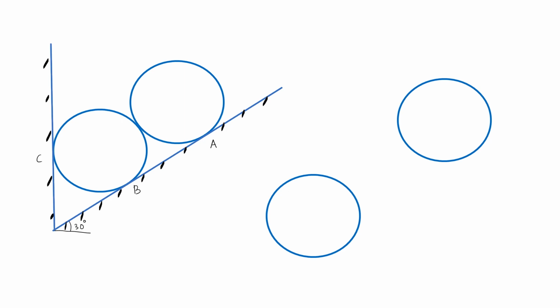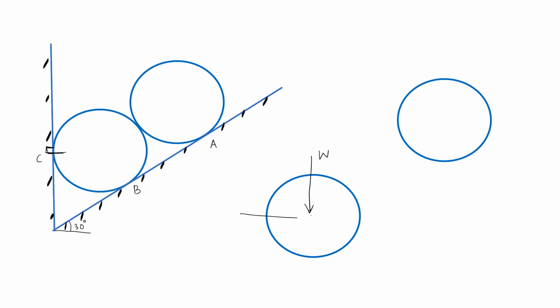Consider this as our first body. While drawing the free body diagram, first of all, as usual, we draw the weight of the object W, and then we need to draw the reaction. This body touches at B and C, so there will be a reaction from B as well as C. From C, there will be a reaction like this, which is perpendicular to the surface.